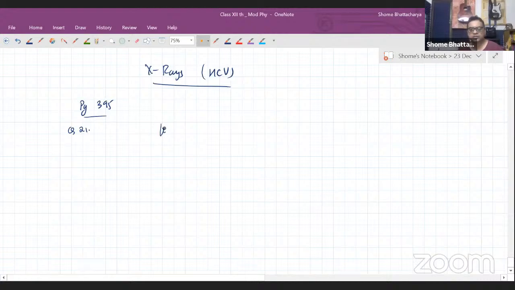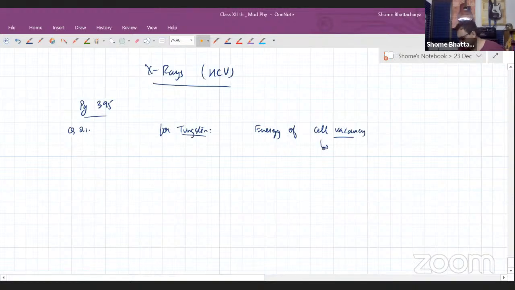So for tungsten, it is saying that the energy of shell vacancy, that means the energy we need to supply to remove an electron from a certain shell, for K shell it is 69.5 keV.